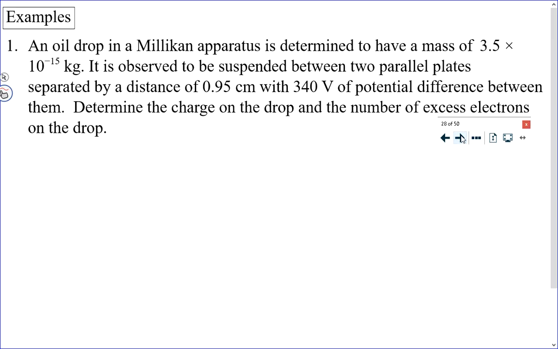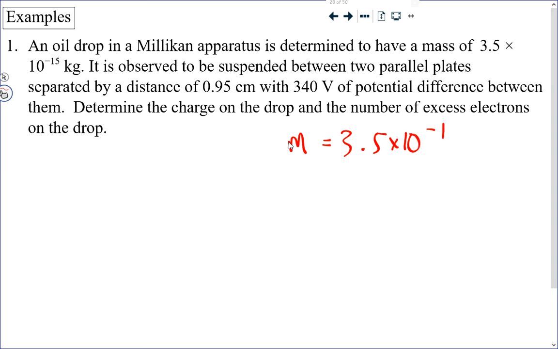Let's take a look at example 1. An oil drop is determined to have a particular mass. The mass is 3.5 multiplied by 10 to the negative 15 kilograms.